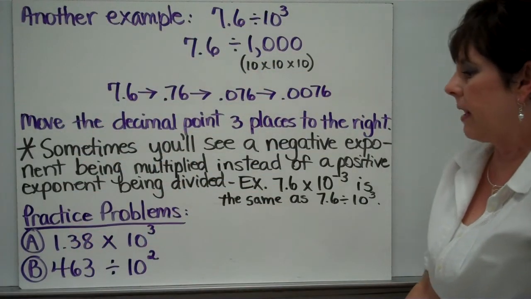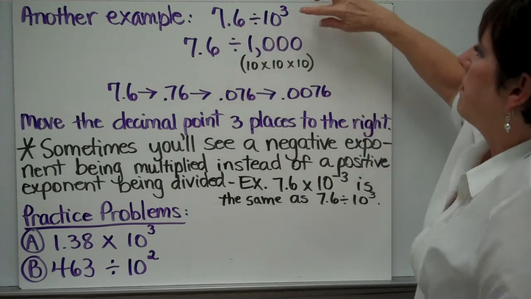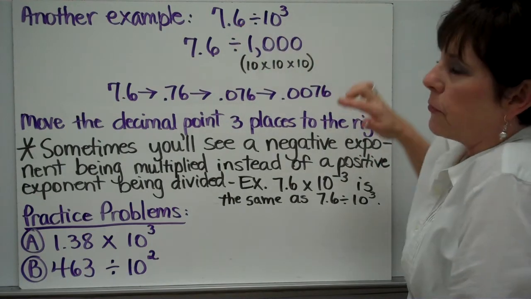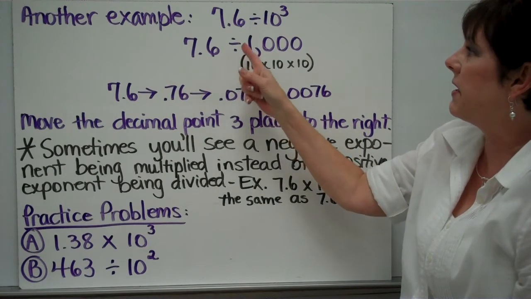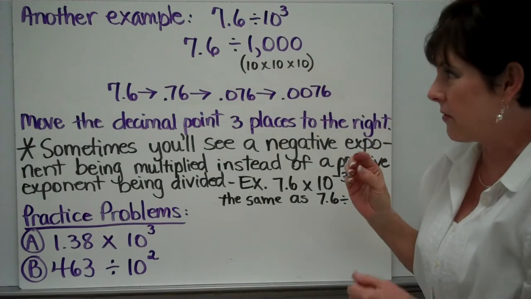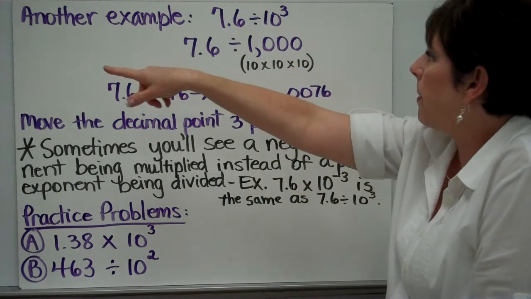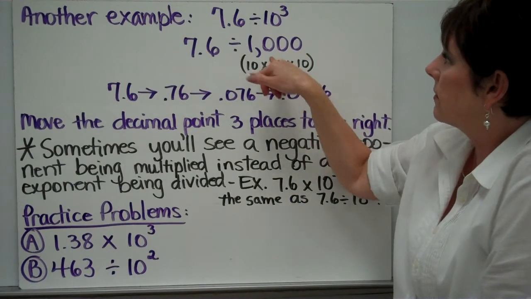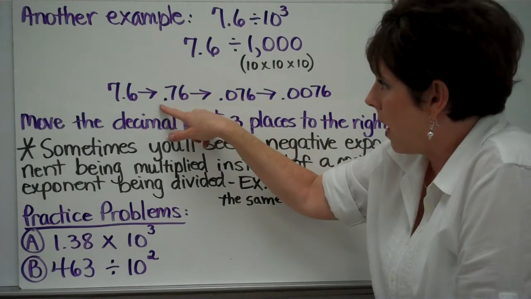Here's another example. Let's say that we had 7 6/10 divided by 10 to the third power. That is 7 6/10 divided by 1,000, because 10 times 10 times 10 is 1,000. So we would move that decimal point 3 places, 3 times to the left. So here it is, 1.